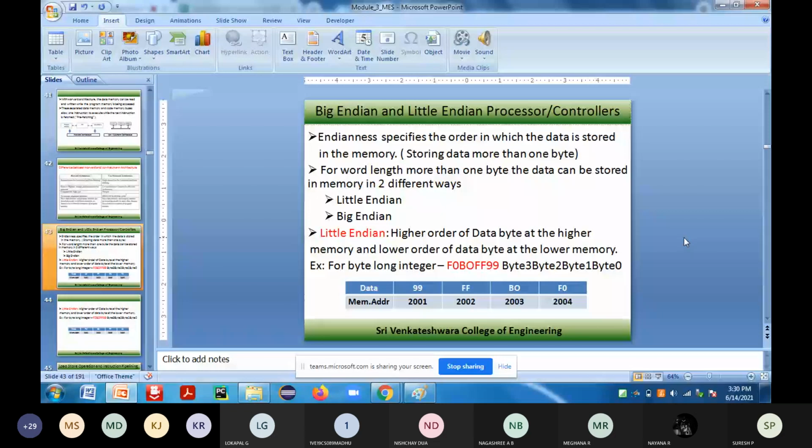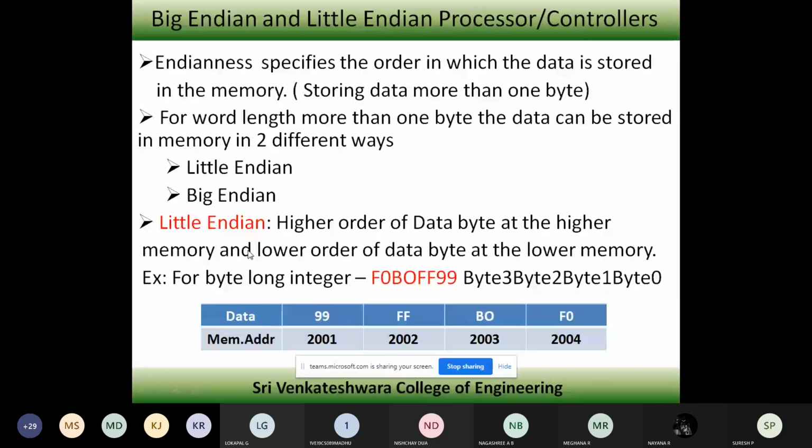So here you can see the memory address, if you are considering more than one byte of data. You're going to have F0, B0, FF, 99, and the addresses 2001, 2002, 2003, 2004.